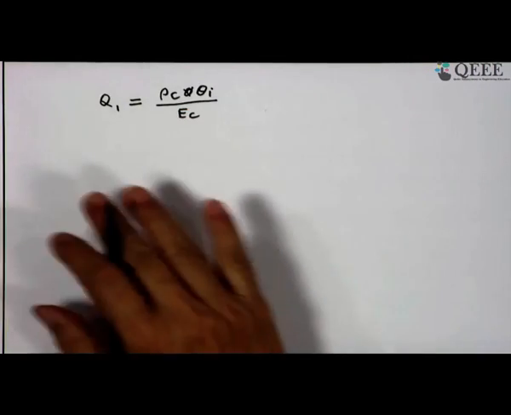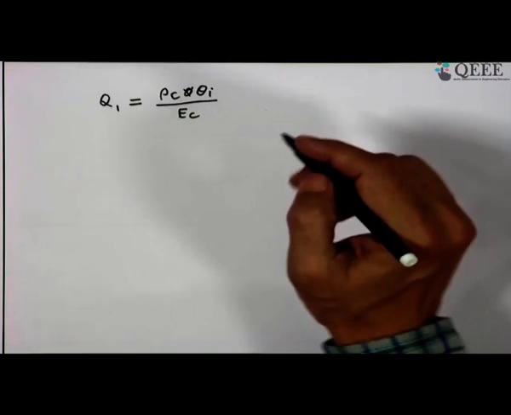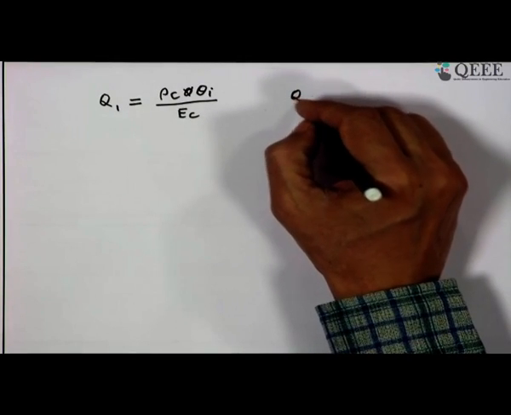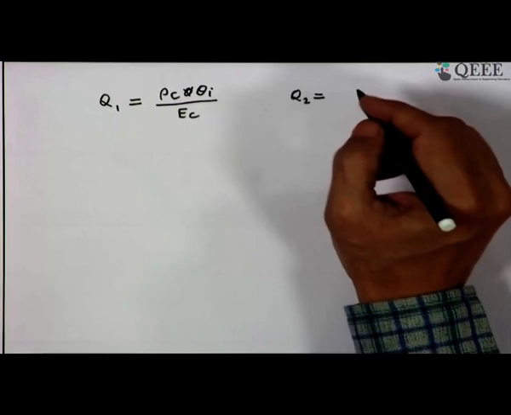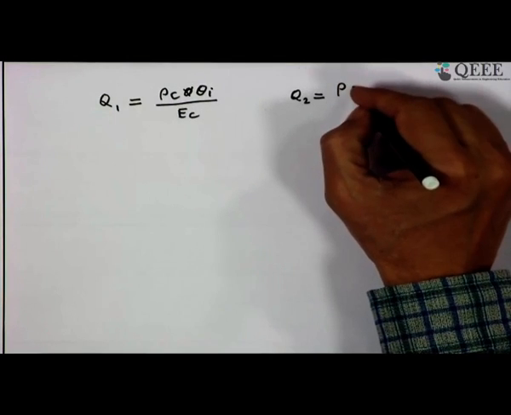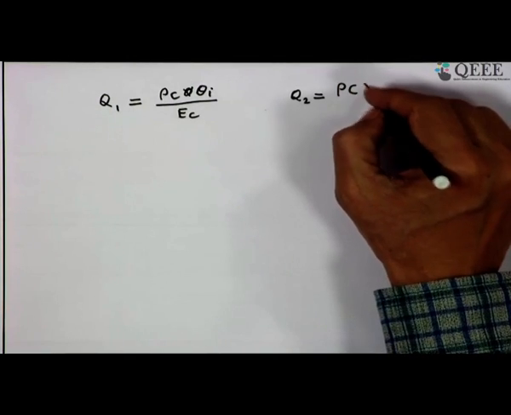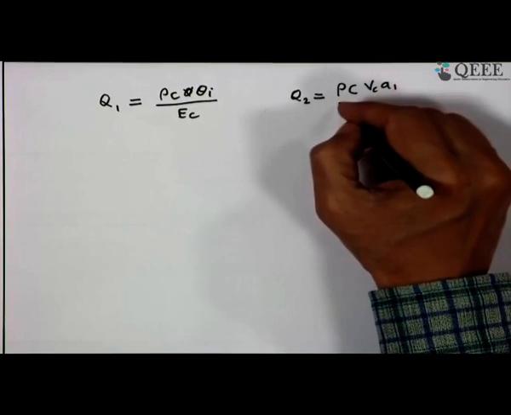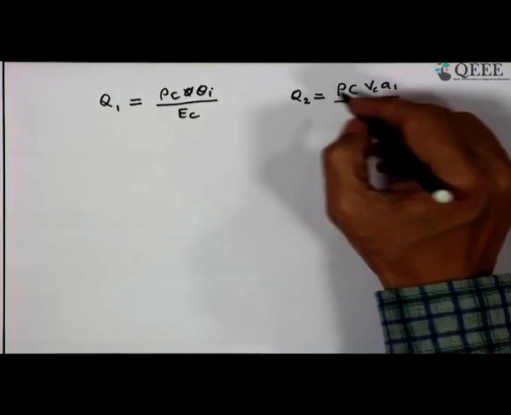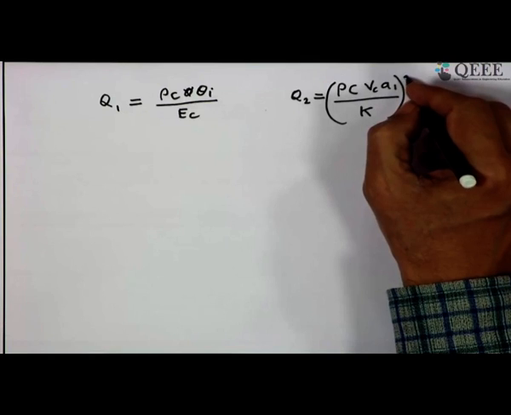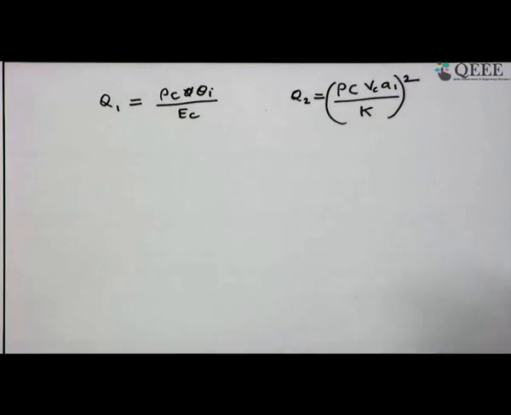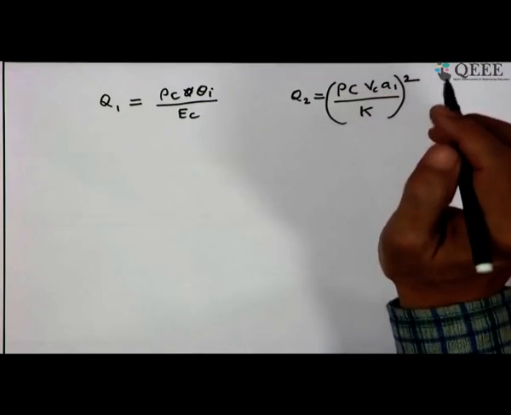Theta I means interfacial temperature. And we have another quantity Q2, which is rho C into Vc into A1 by k, square. These are the two dimensionless quantities.